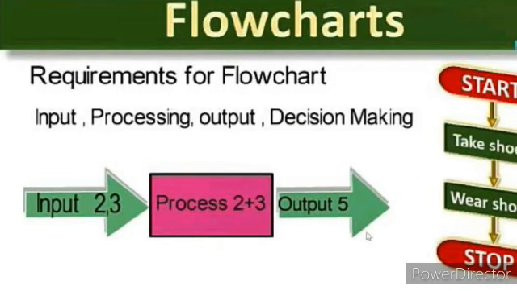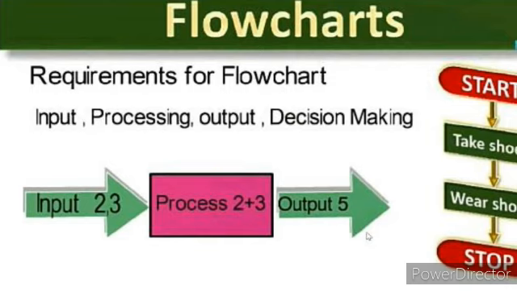And now the third topic is requirements for flowchart. What are the requirements to draw a flowchart? There are four requirements: number one is input, number two, processing, number three, output, and number four is decision making.